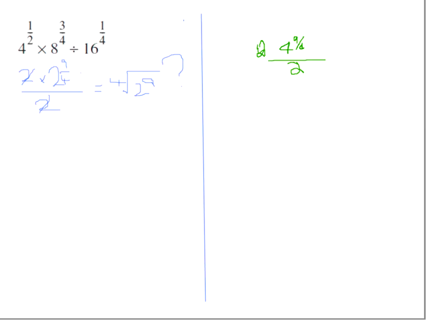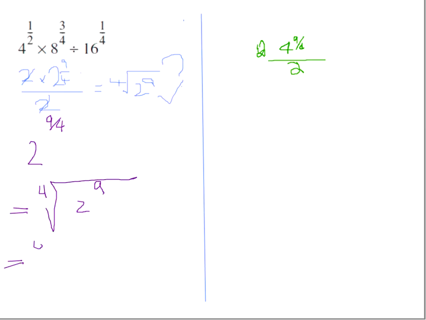How would we simplify that? Let's have a look. So we have 2 to the power of 9 over 4. That is the same as the 4th root of 2 to the power of 9.